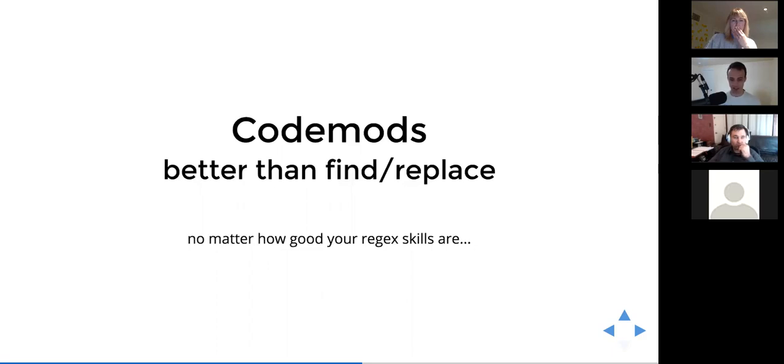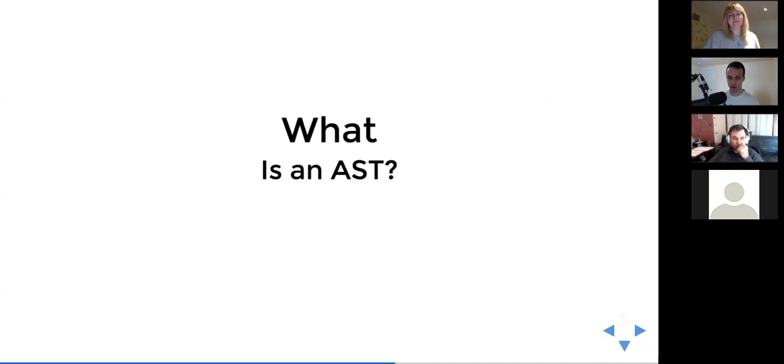But let's say you have an API that you're using, and suddenly they add an argument in the middle of that function call or something. With a Codemod, you could find all the places where you're using that API and update it automatically. It's just so much better than find and replace, and we'll see an example of that later. Codemods are super.